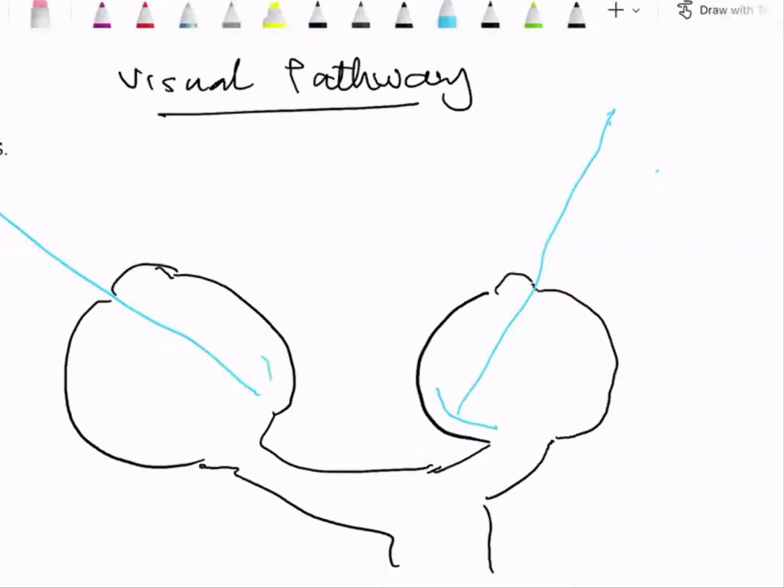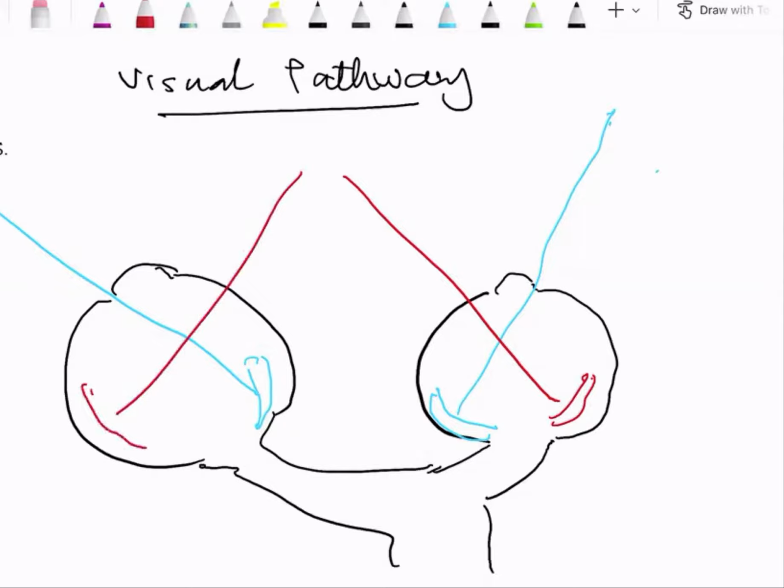The temporal visual field will project to the nasal retinal field, and the nasal will project to the temporal retinal field.